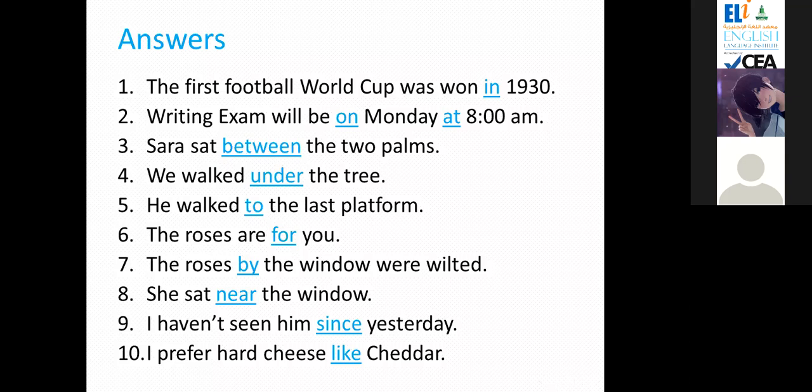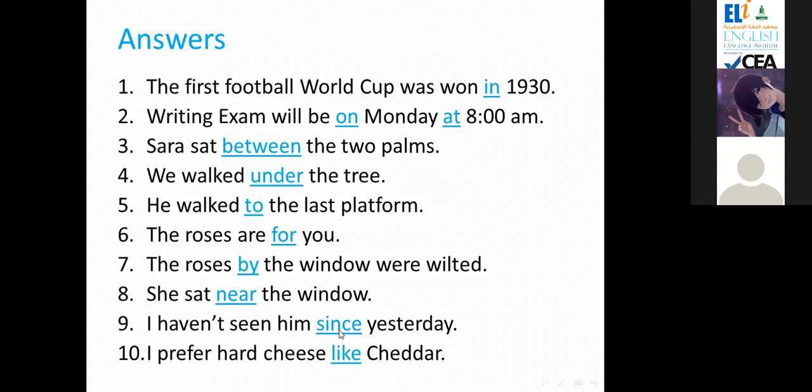The roses are for you. So in which context do we use for? The roses by the window. So try to understand the context in which these prepositions are used. By indicates the place. For you is for a reason. She sat near the window, also the place.